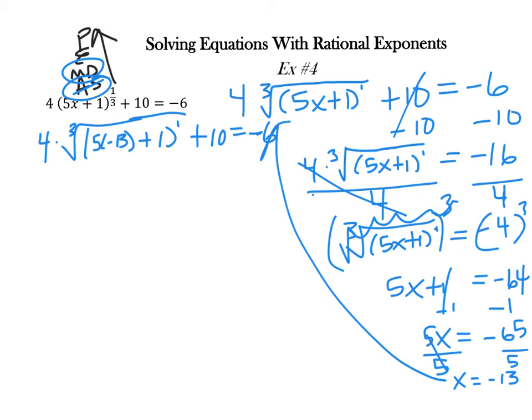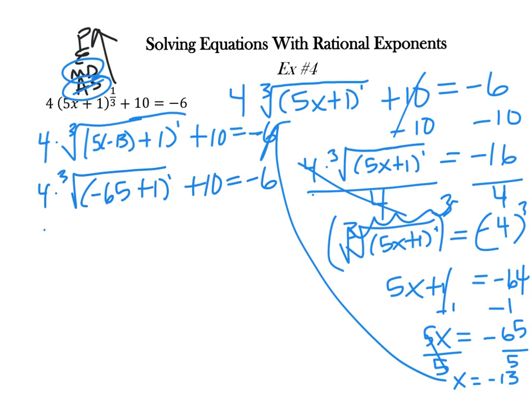So I do everything inside the parentheses first. So I got 4 times the cube root of 5 times negative 13 is negative 65, plus 1 to the 1 power plus 10 should equal negative 6.